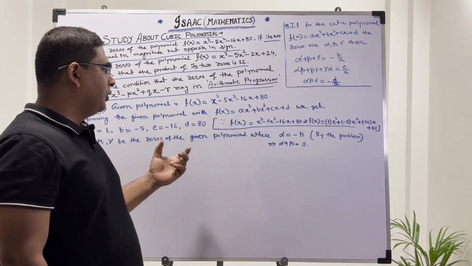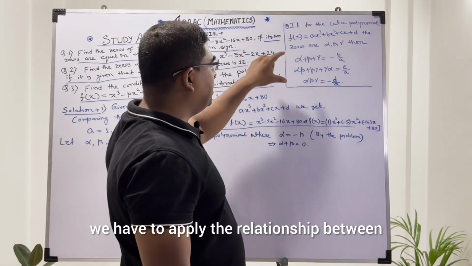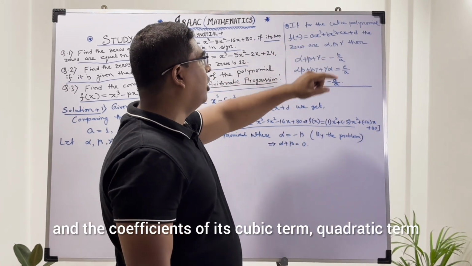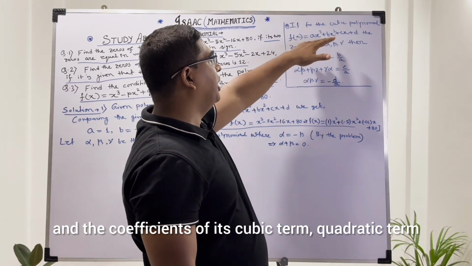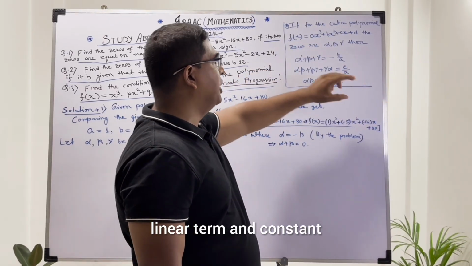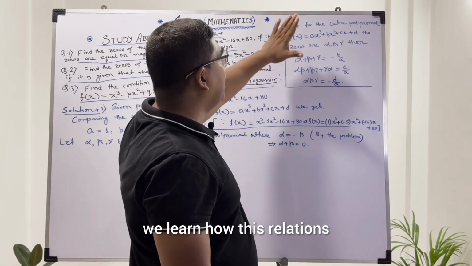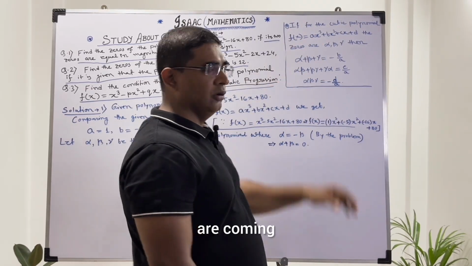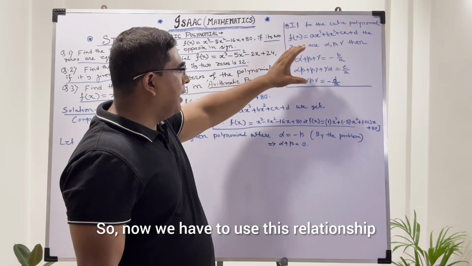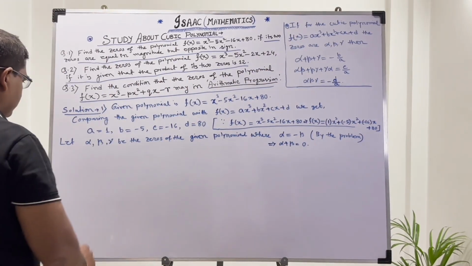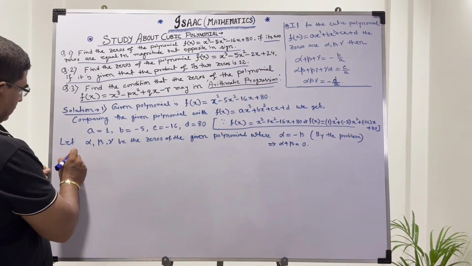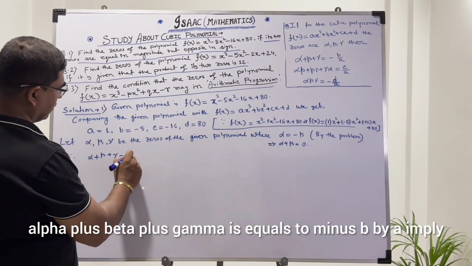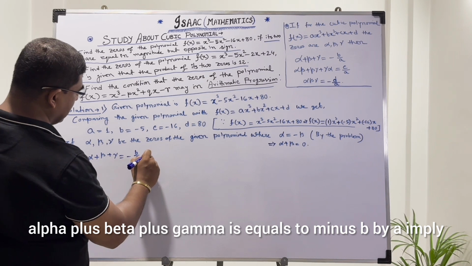Now we have to apply the relationship between the zeros of a cubic polynomial and the coefficients of its cubic term, quadratic term, linear term and constant. In our previous class, we learned how these relations come. So now we use this relationship.